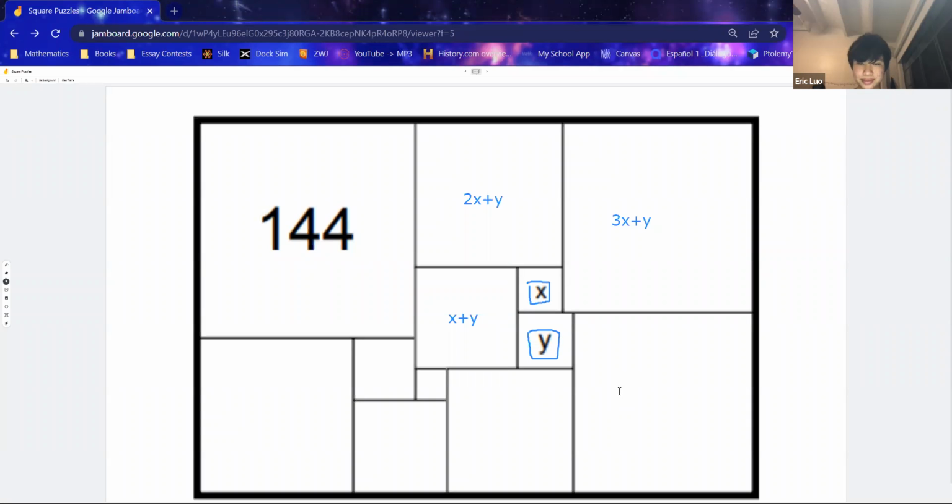So I think this length right here, which is 3x plus y, may have a relationship with this length right here. And the difference is this little chunk, wait, what if I change the color? There we go. This little chunk right here. Does anyone think they know what this little green chunk is? Because you can see that it is indeed bordering two squares that we know the values of.